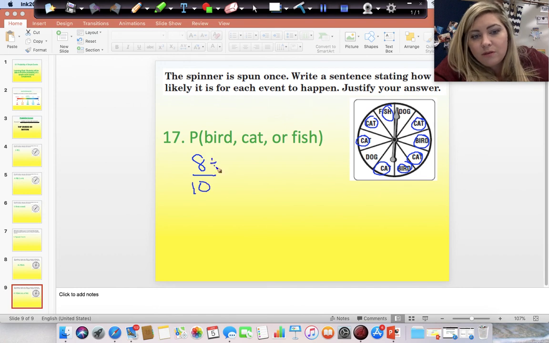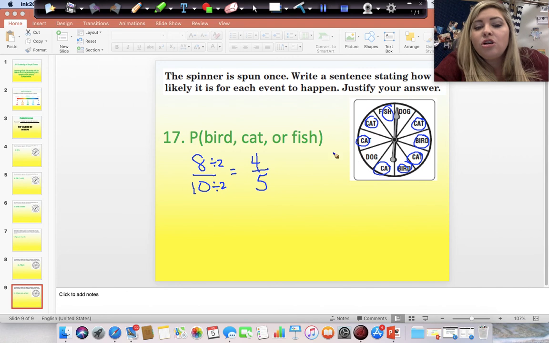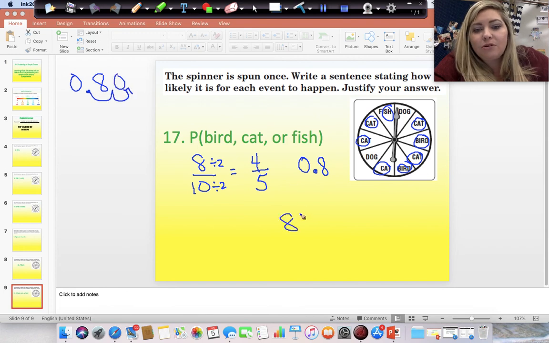And that reduces because both of these are divisible by 2. 8 divided by 2 gives us 4. 10 divided by 2 gives us 5. So 4/5 is our fraction. To get our decimal, we divide top by bottom and get 0.8. To get our percent, we move our decimal 2 places to the right, and that'll be 80%.